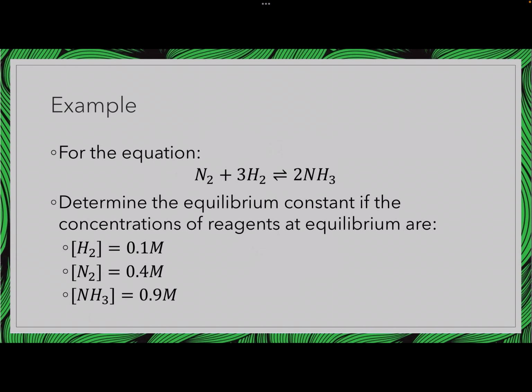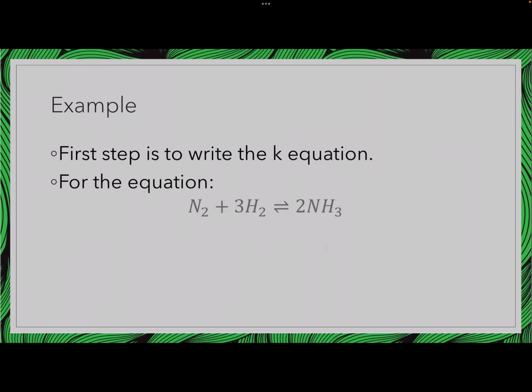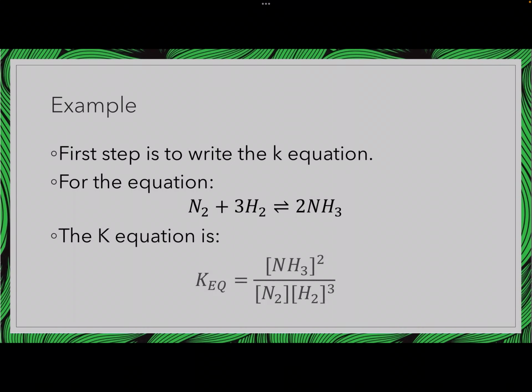We did do this one last lesson, but same as always: it's going to be products over reactants, so concentration of ammonia squared over concentration of hydrogen cubed times the concentration of nitrogen. So that's our K equation for this reaction.